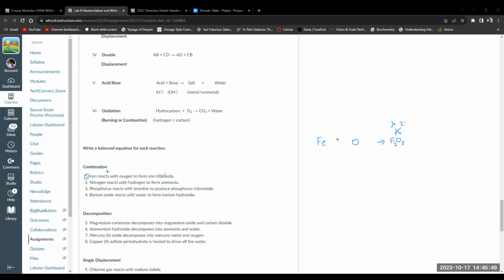So again, iron 3 is the charge. Oxide we know is oxygen, which has a charge of 2 negative. And I just realized my typo here. That's why it looked funny.